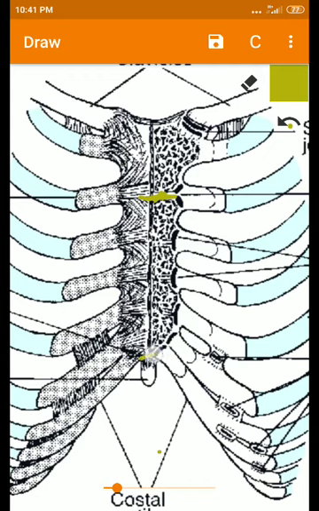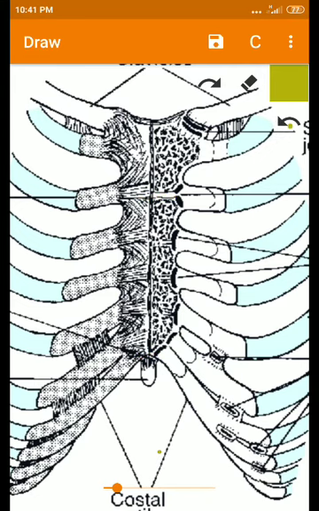And coming to the xiphisternal joint, here the joint is formed between the xiphisternum and the body of the sternum. The inferior aspect of the body of the sternum with the superior aspect of the xiphoid process forms the xiphisternal joint. This is a synchondrosis type of joint.